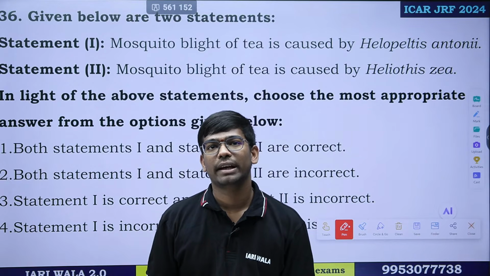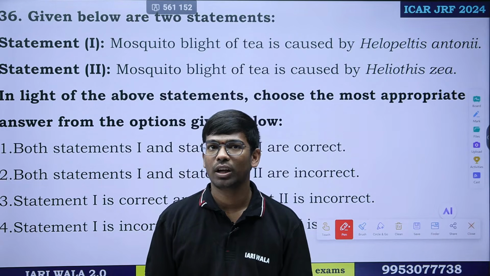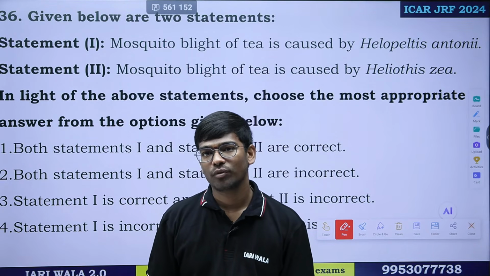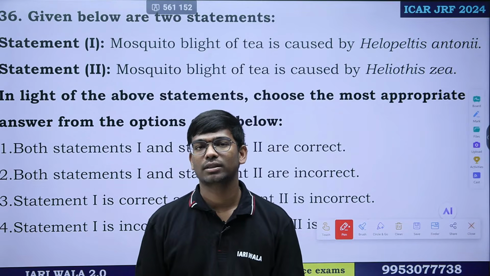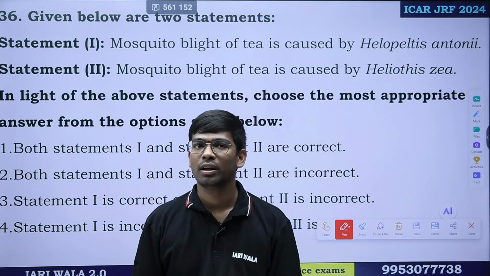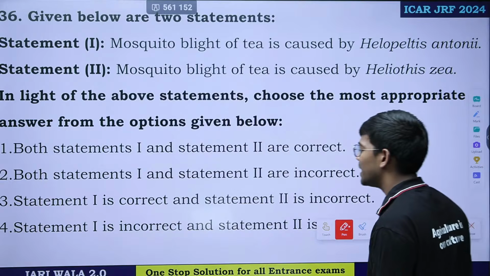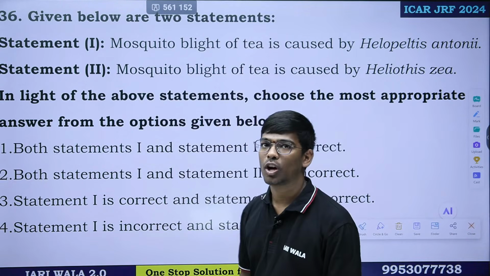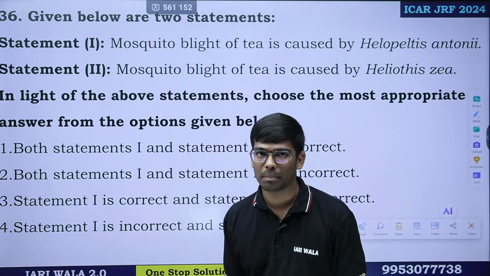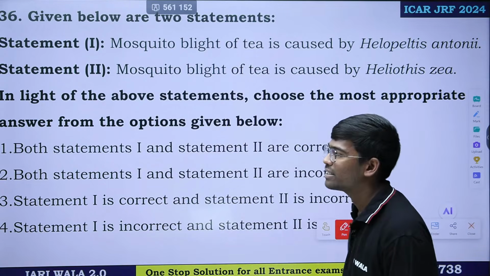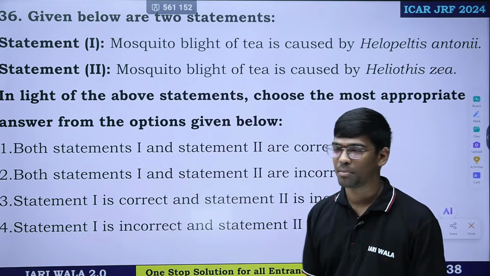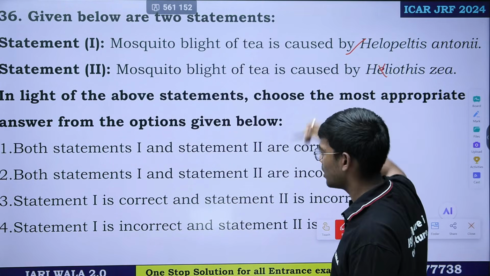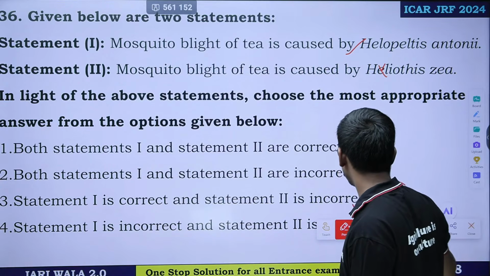So many of the students gave the right answer, that is option 3 or C. Statement 1 is correct and statement 2 is incorrect. Mosquito blight of tea is caused by Helopeltis antonii, the mirid bug pest, and Heliothis zea is nothing but the previous name of Helicoverpa armigera. So here statement 1 is correct and statement 2 is incorrect.